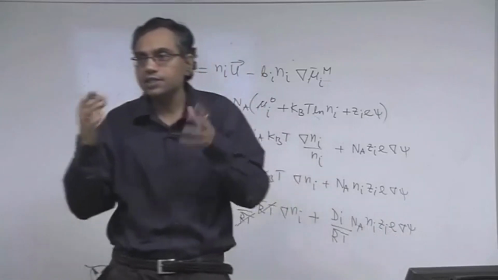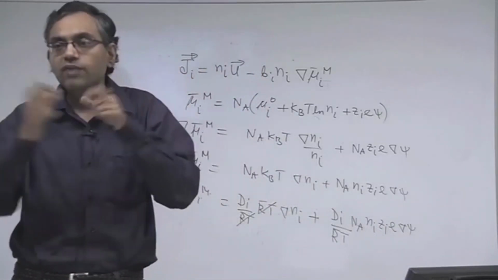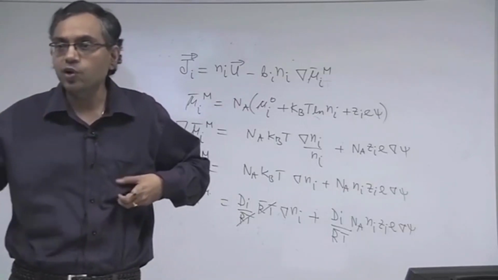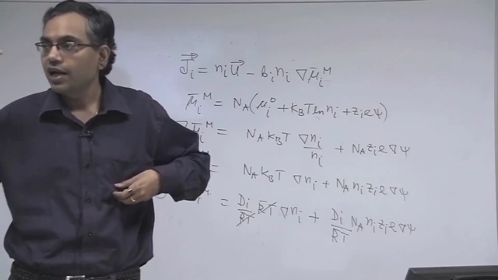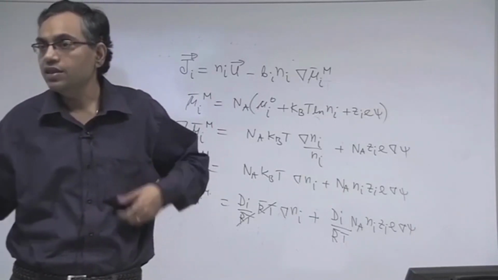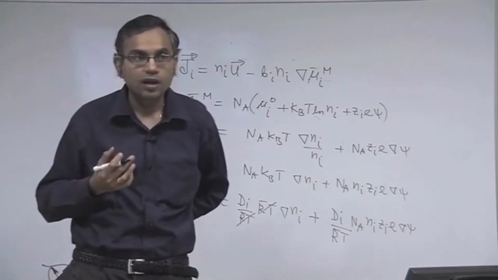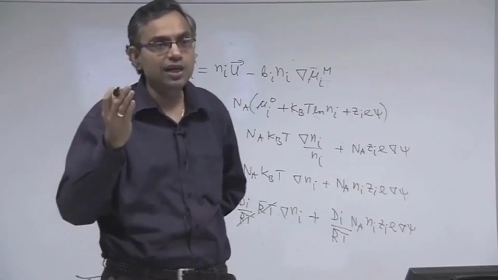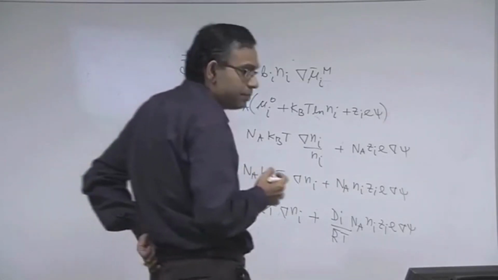Physically, if you apply an electric field or if there is an induced electric field, the ions will have an additional transport beyond advection and diffusion because of the action of the electric field, and this is called electromigration. So in addition to advection and diffusion, you also have electromigration of the ionic species.